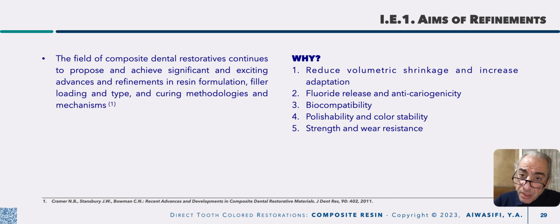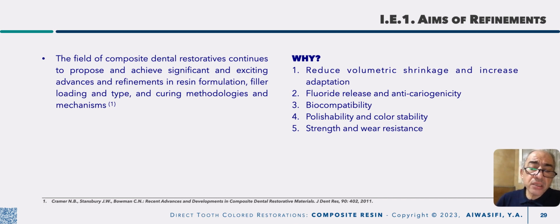But it only opens a gap between the restoration and the tooth structure at the interface at the cavity wall. This is the adverse negative effect. That's why we would like to reduce polymerization shrinkage and increase adaptation at the expense of not affecting the conversion rate and cross-linking of the composite material and not affecting its properties.